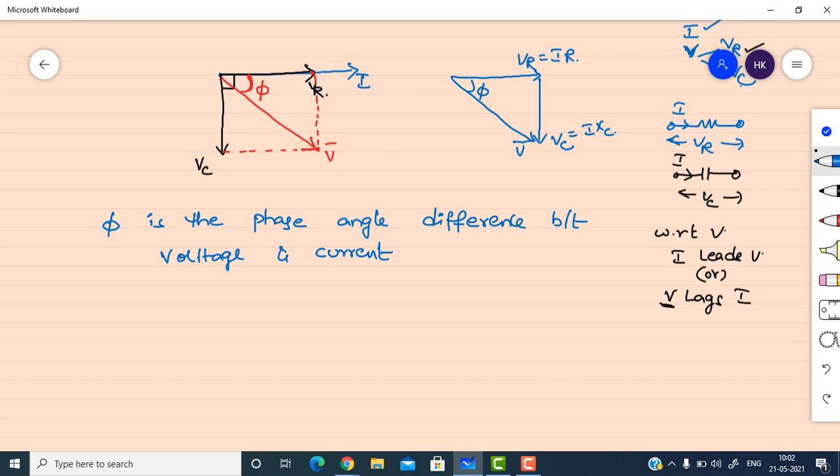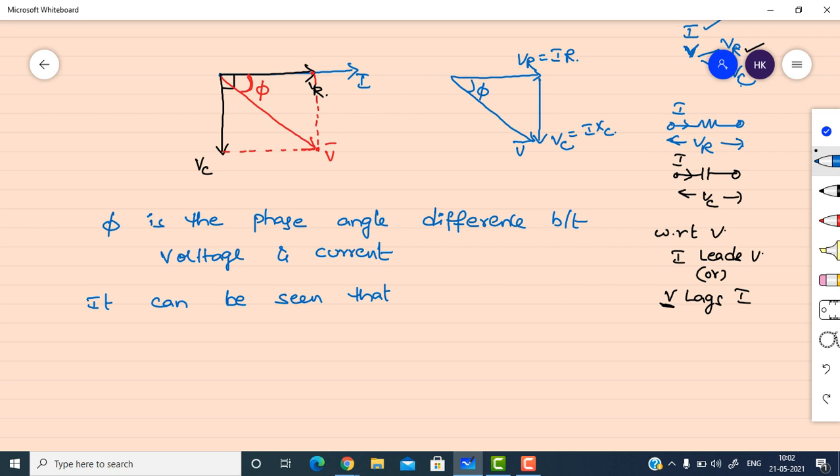Now from the phasor diagram, is the current lagging or leading with reference to voltage? Take voltage as reference phasor.